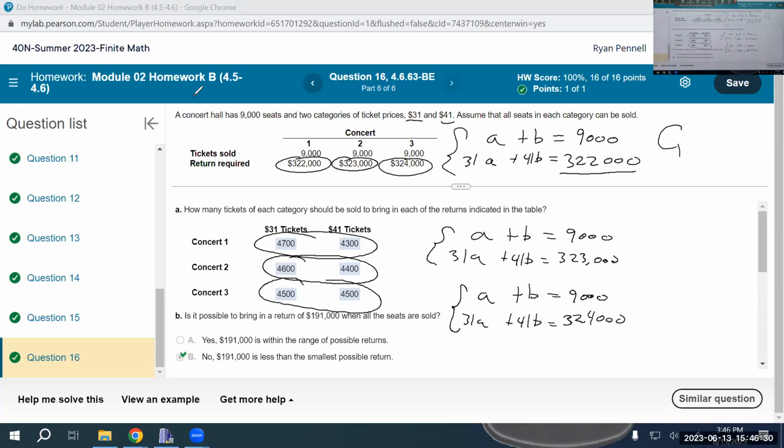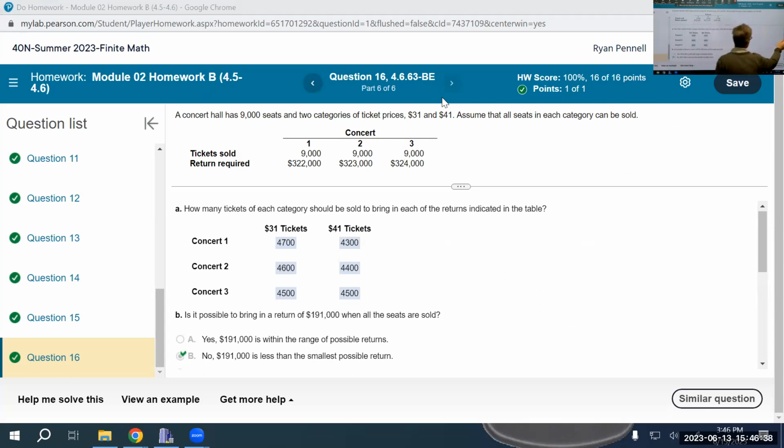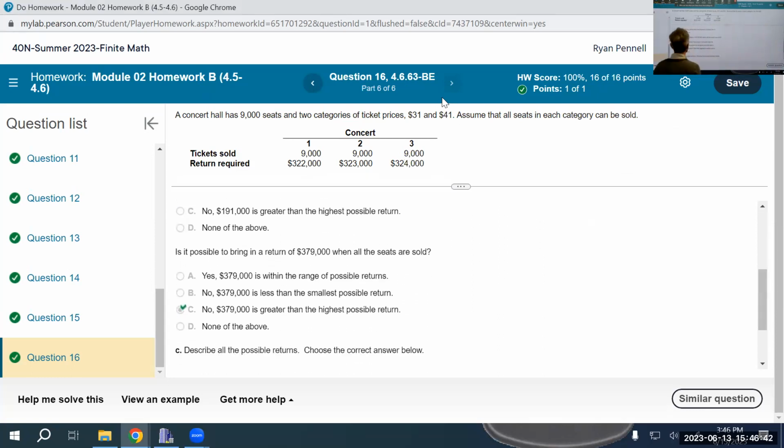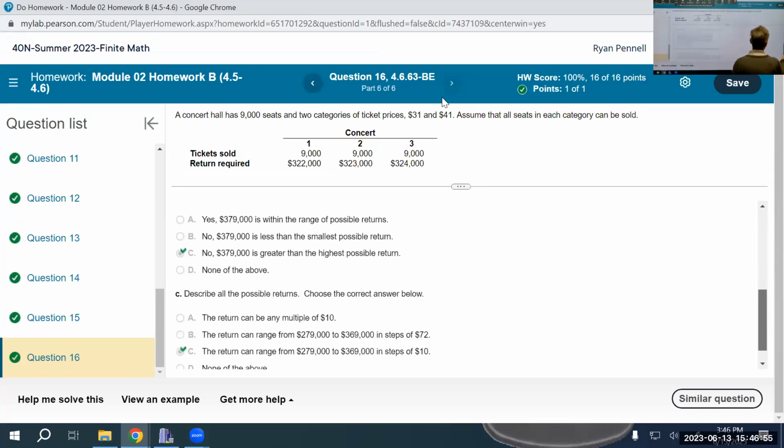Going down, it says, is it possible to bring in this amount? I say no, because that's greater than the possible. For my concert hall, I have 9,000 seats, so 9,000 times 41, what they're suggesting, is more than the max.